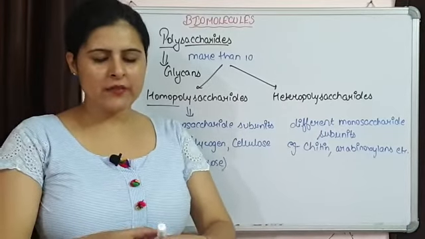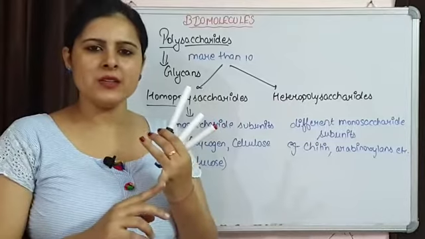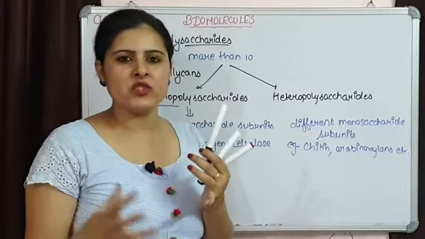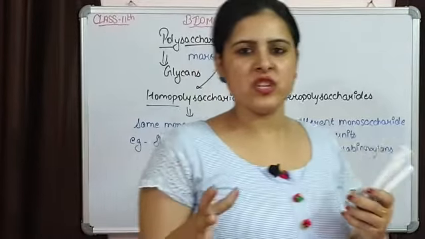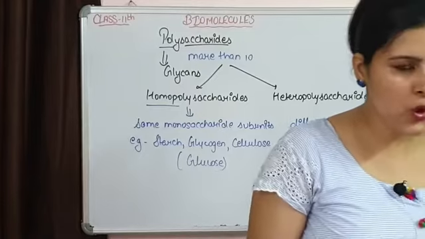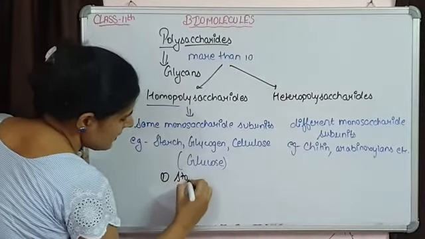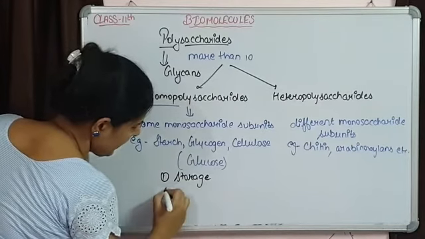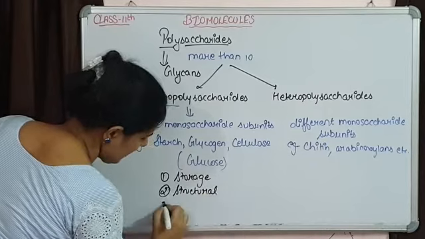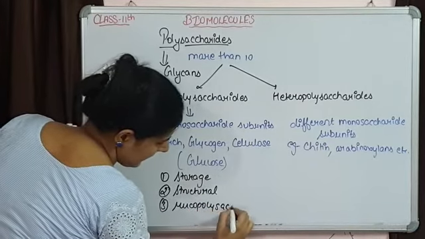Now these polysaccharides, depending upon what type of function they provide, कैसा फंक्शन प्रोवाइड करते हैं, we have three types of polysaccharides: storage polysaccharides, जो storage purpose के लिए involve होते हैं, structural polysaccharides, which are involved in various structural situations, and mucopolysaccharides. So we have three types of polysaccharides: storage, structural and mucopolysaccharides.